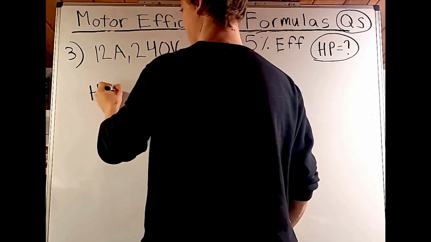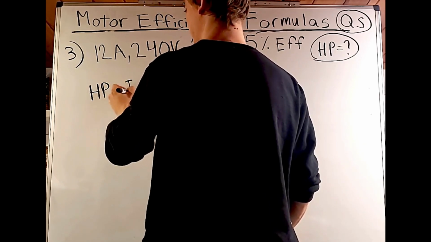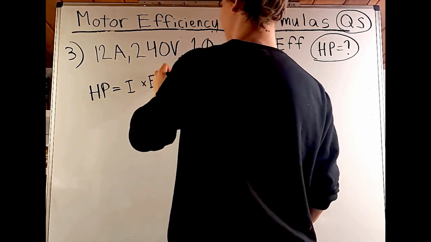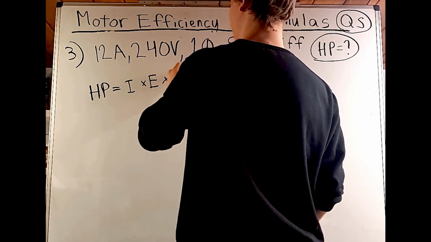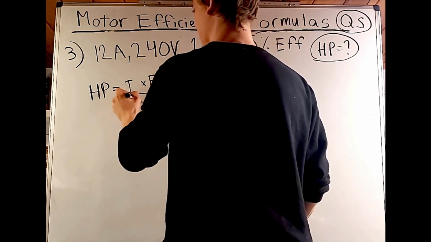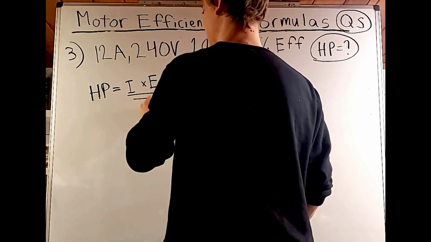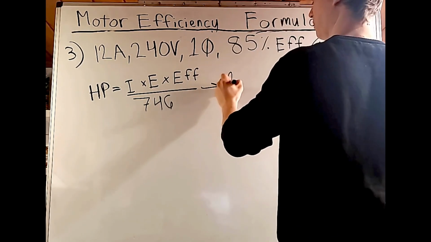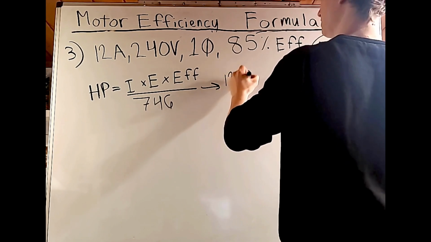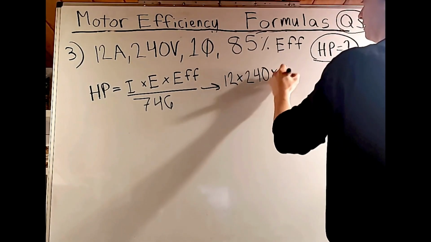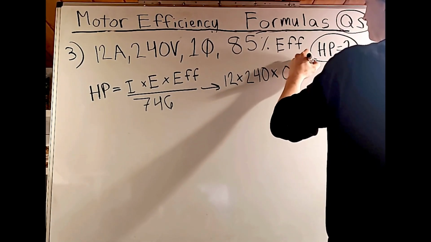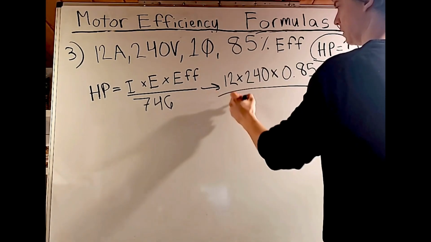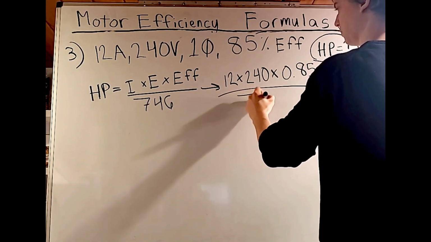We have the HP, think PIE, we have the P times I times E times the EFF over 746. So now we can just simply plug in the numbers. We're going to get the 12 amps times the 240 volts times the 0.85, 85% efficiency rating over the constant 746.